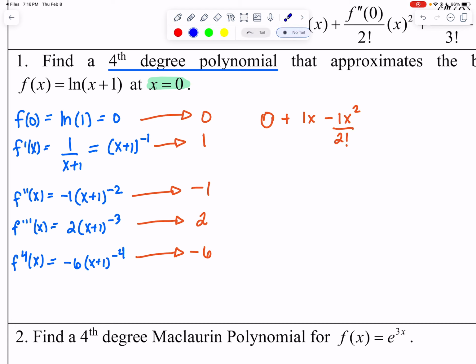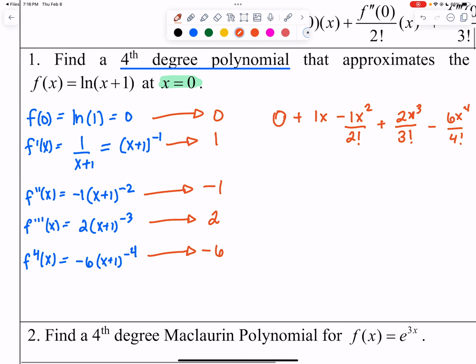I have my third derivative, which is 2, so plus 2x to the third over 3 factorial. And then my fourth derivative, which is negative 6, so negative 6x to the fourth over 4 factorial. And this right here is going to be my polynomial p of x. If I want to be very specific, I could say p subscript 4 of x to denote that this is my 4th degree polynomial.